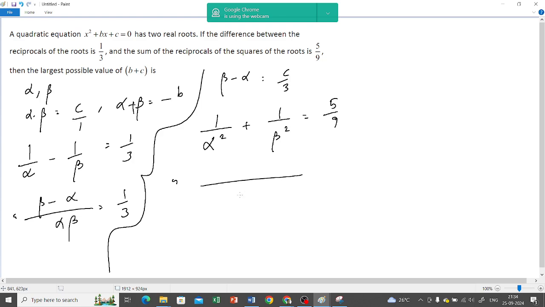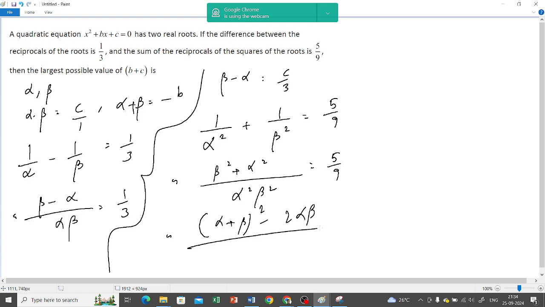Or beta square plus alpha square over alpha square beta square is 5 by 9. Or this is alpha plus beta whole square minus 2 alpha beta, right? This is what we have.